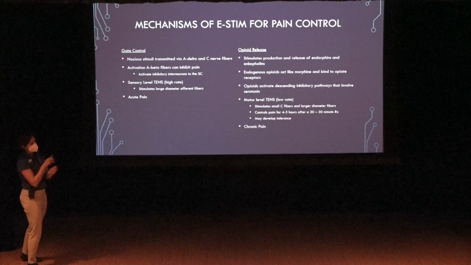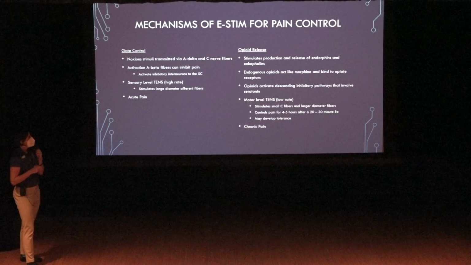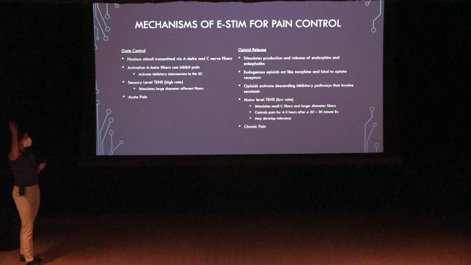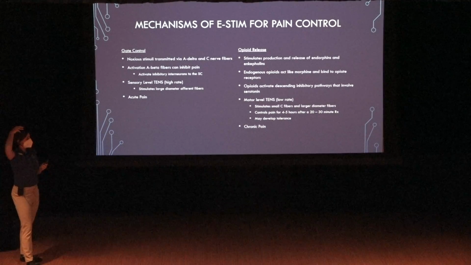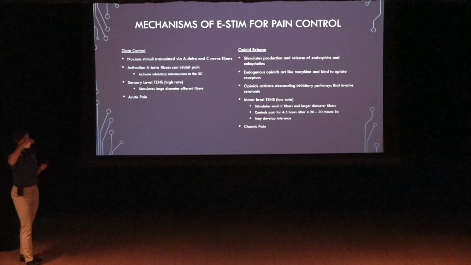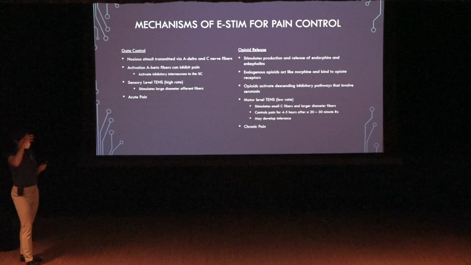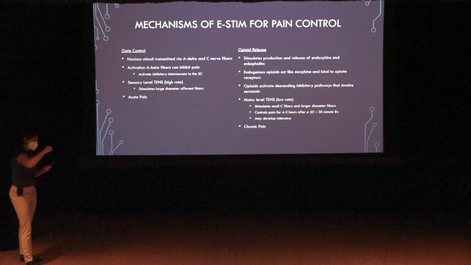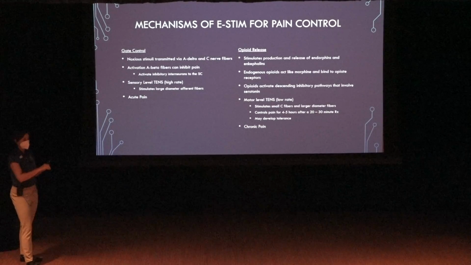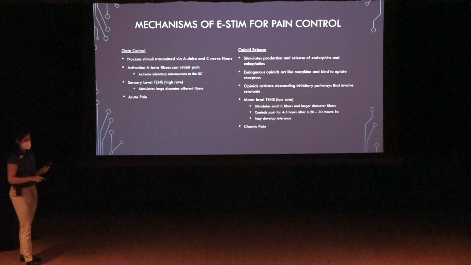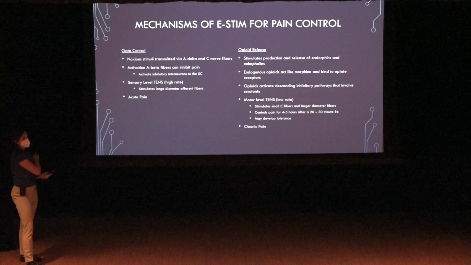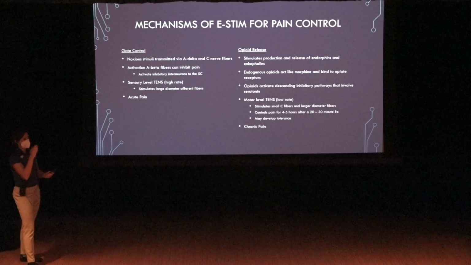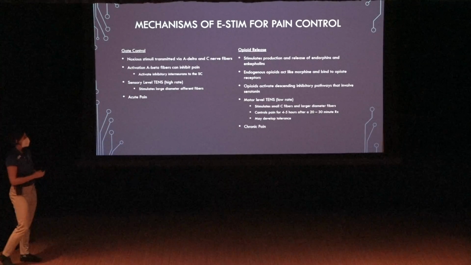And we have some overlap between the two. But it's going to stimulate production and release of endorphins and enkephalins from the hypothalamus down to the serotonergic tract, the descending tract. And that descending tract is going to synapse with the enkephalin tract in the spinal cord itself. And that's going to synapse with the inhibitory neuron to tell it not to go up to the brain. So it's similar, it's just a longer process.